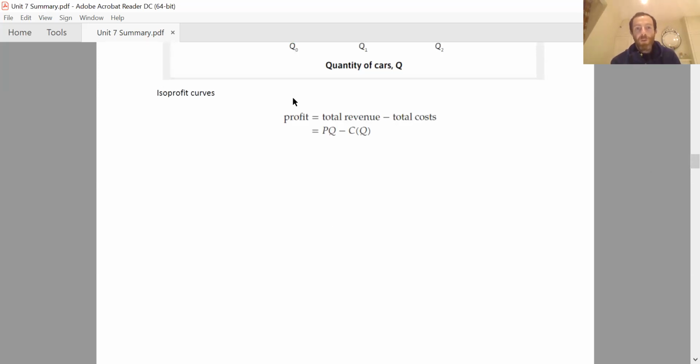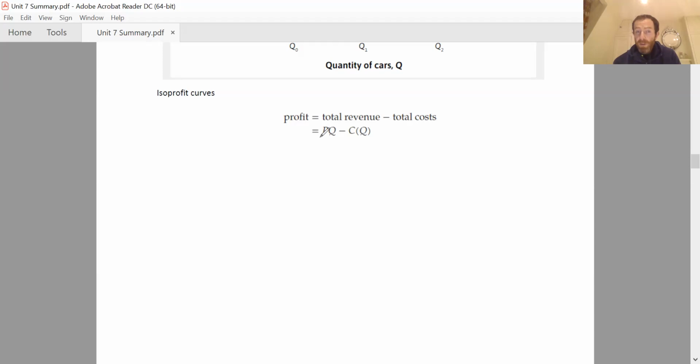It tells us that a firm's level of profit is equal to its total revenue minus its total costs. Simple, but really important. So how would we work out total revenue? Well, a very important thing, we're assuming that the firm here can only set one price, right? Every good they sell is at one single price.